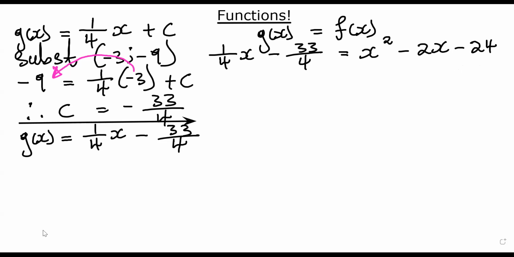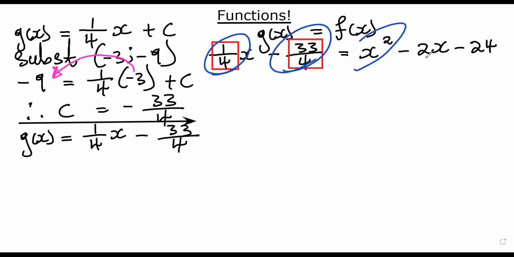So now we realize a problem that we are dealing with an equation that involves fractions. And we hate fractions, we want to destroy them. So we are going to multiply everything by the LCD, which is 4, right?